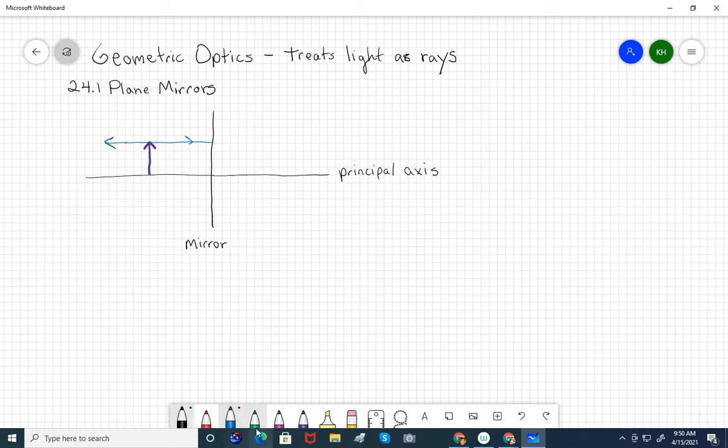Now, if we think about some observer who's over here looking, here's my observer. My observer always looks like an eyeball. It sees that ray coming out, but it looks as if it could be coming from back here somewhere. All it knows, the brain just sees a ray coming out.